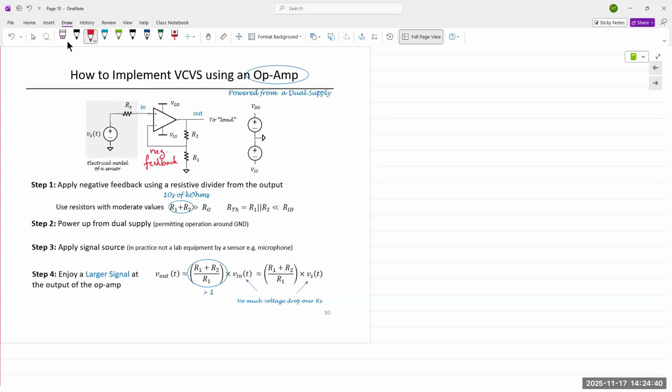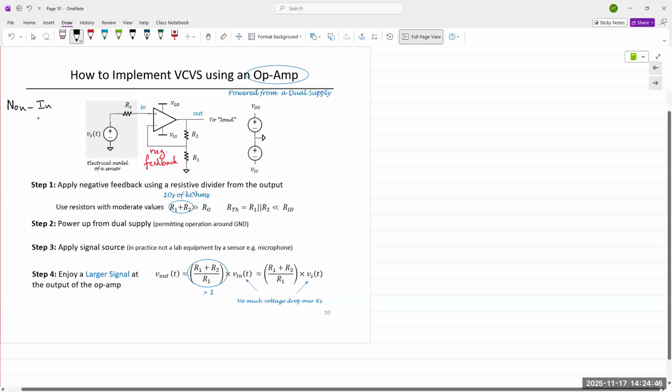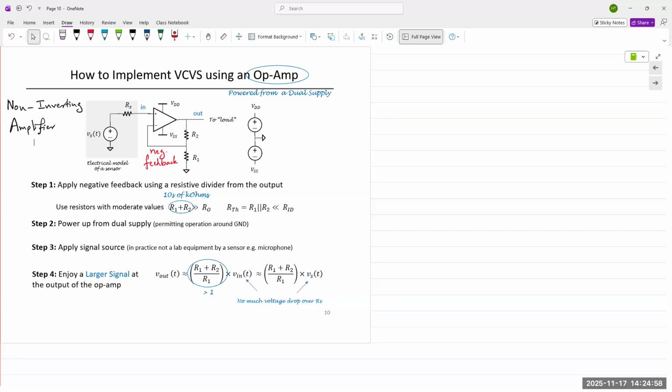This circuit is more commonly known as a non-inverting amplifier.